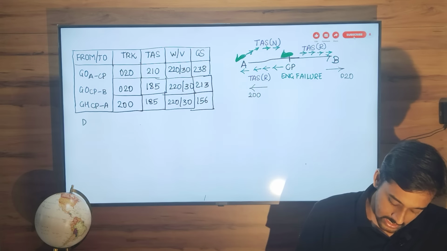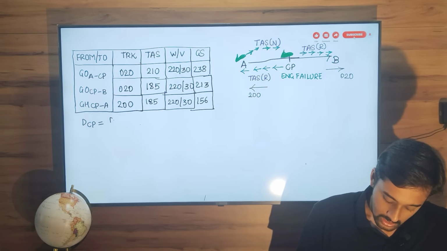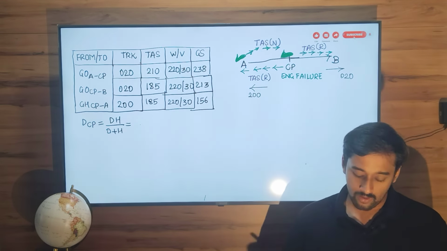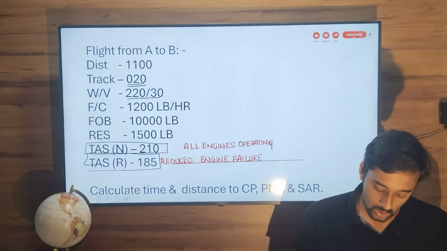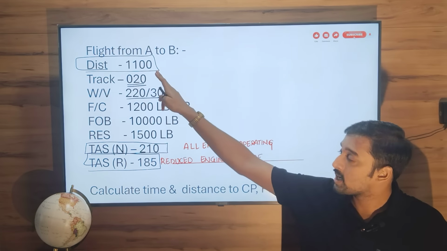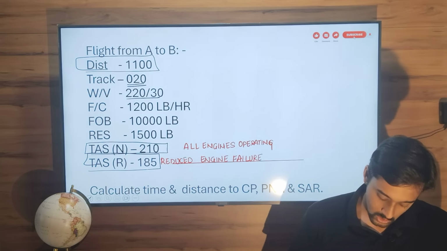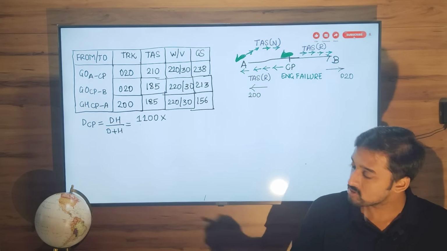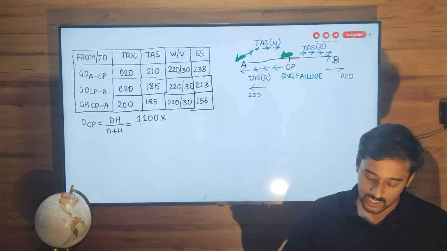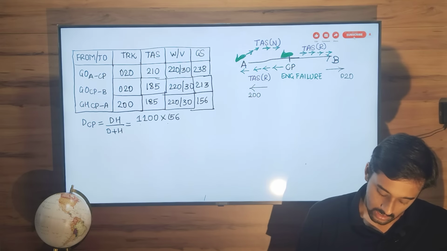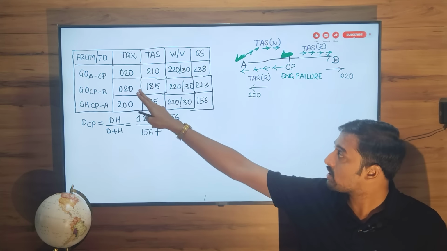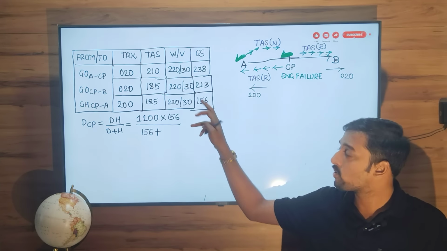Let's go to the formula. dCP is equal to D times H divided by O plus H. Now your total distance D is given in the question and it is equal to 1100 nautical miles. So 1100 into homebound speed, 156 ground speed, divided by 156 plus outbound speed with engine failure, 213.